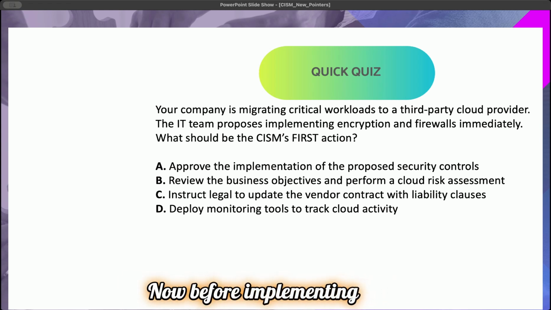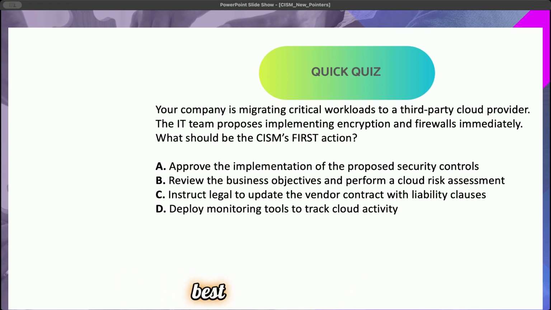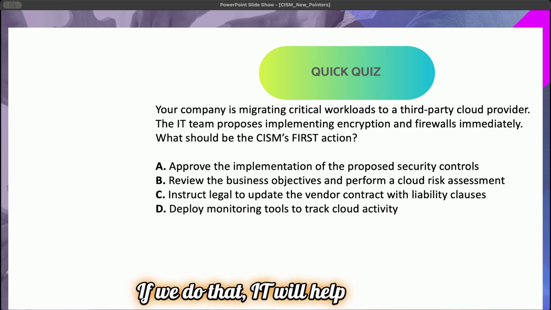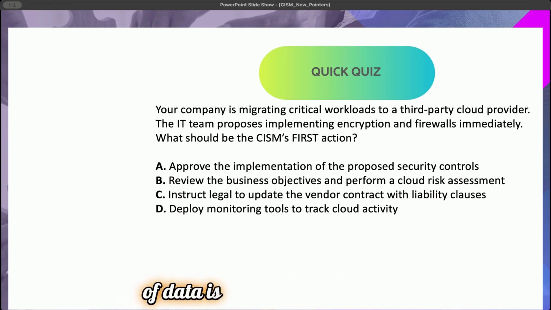Now, before implementing controls, CISM's best practice is to first understand the risk environment. So, a cloud risk assessment will help us to understand what type of data is moved, what the compliance obligations are, is it GDPR, HIPAA, PCI, HITRUST, whatever it is, then threats and vulnerabilities in the cloud setup, and shared responsibility model implications.